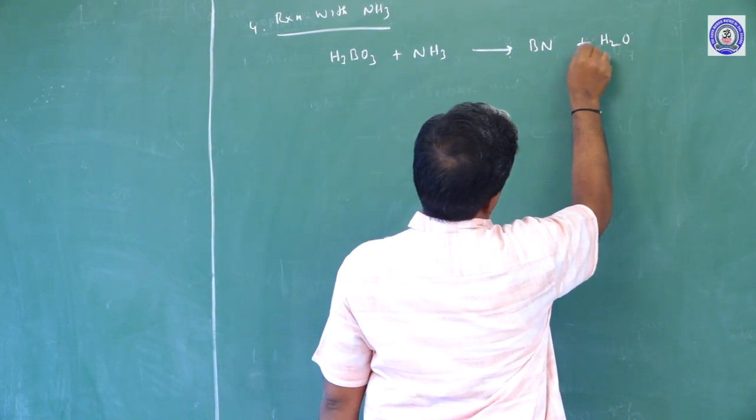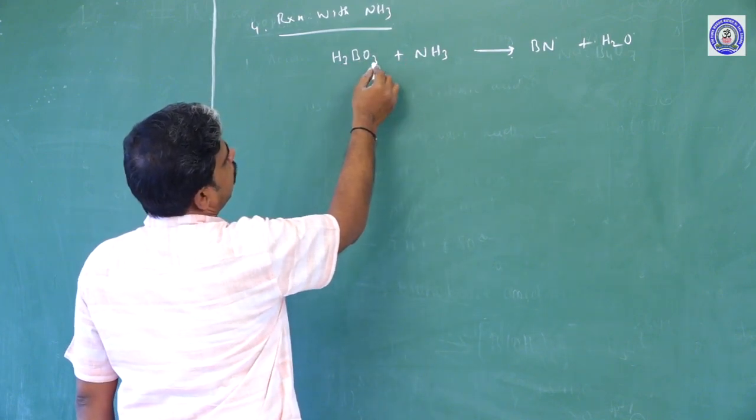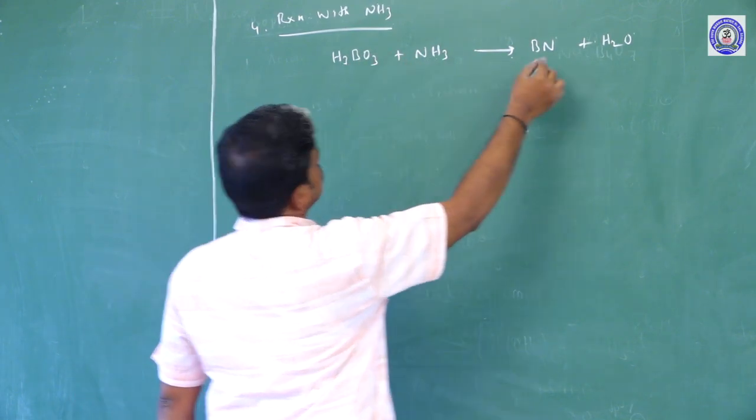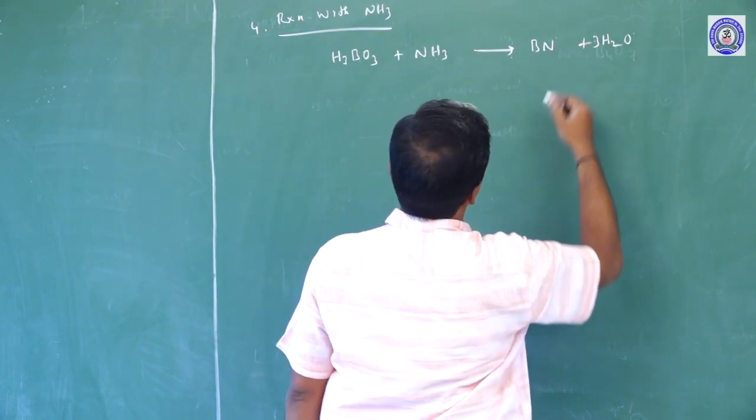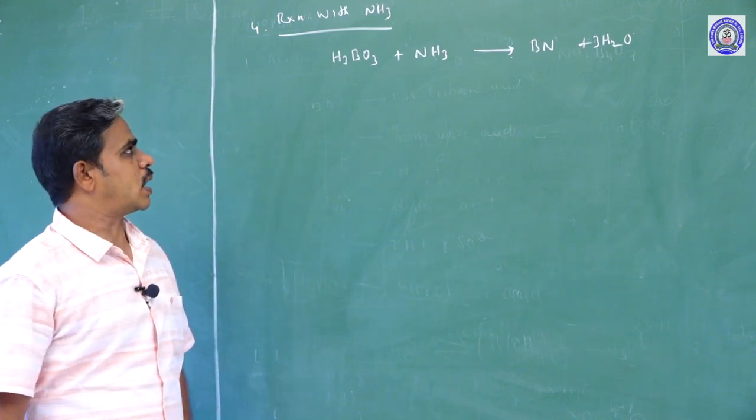Boron nitride and water molecules, so 6 water molecules, so 6 hydrogen, here 3 and 3, oxygen, so it is 3 oxygen. So we get boron nitride.